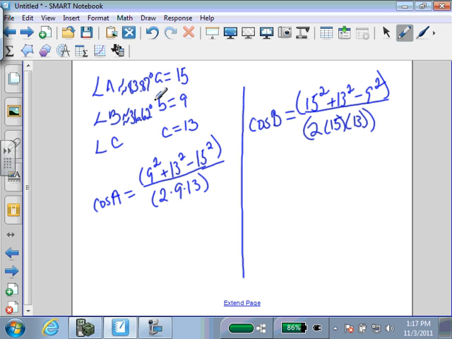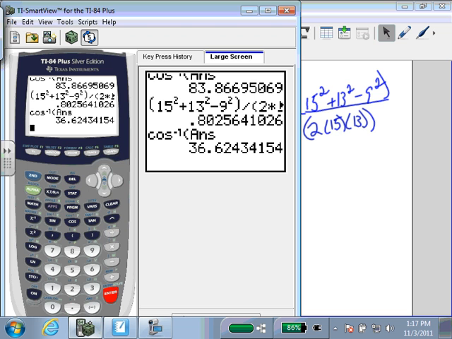I could have been very precise in finding angle C if I had stored angle A, or I could do another law of cosines. But I think I still have the numbers on my calculator, so I can type numbers in.